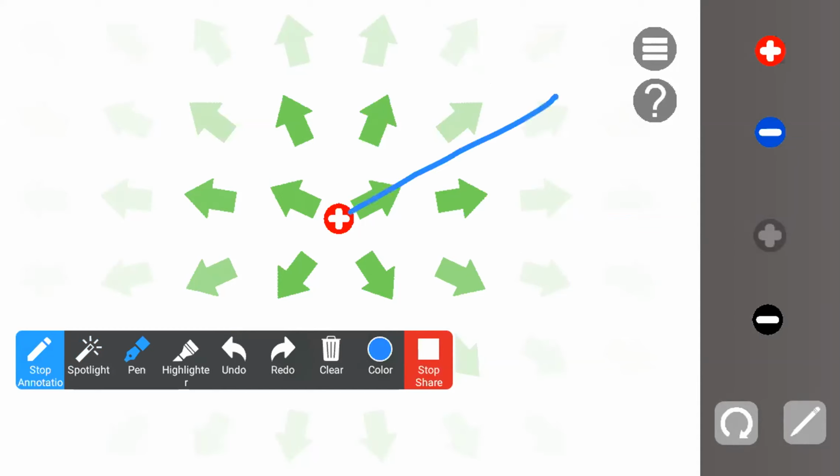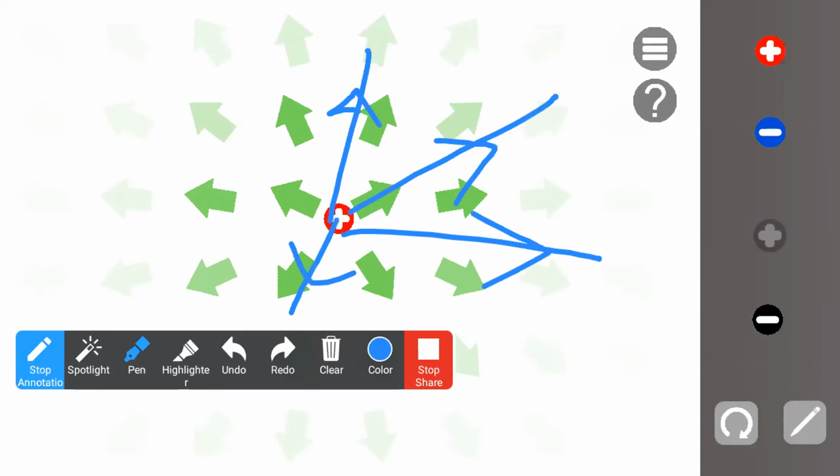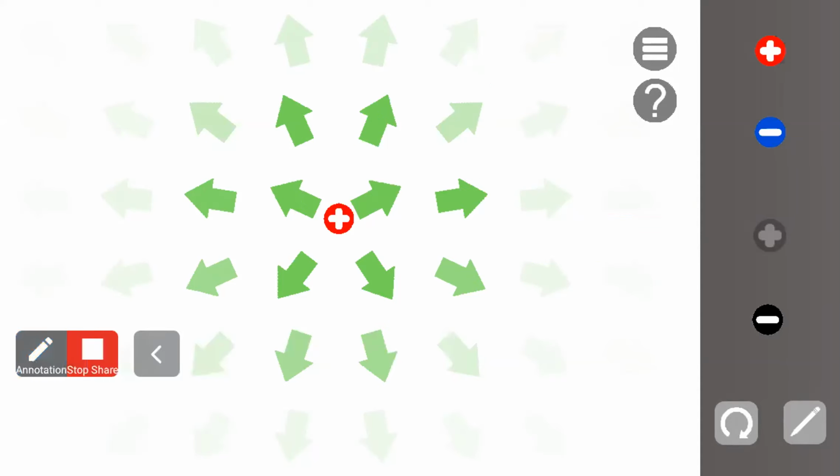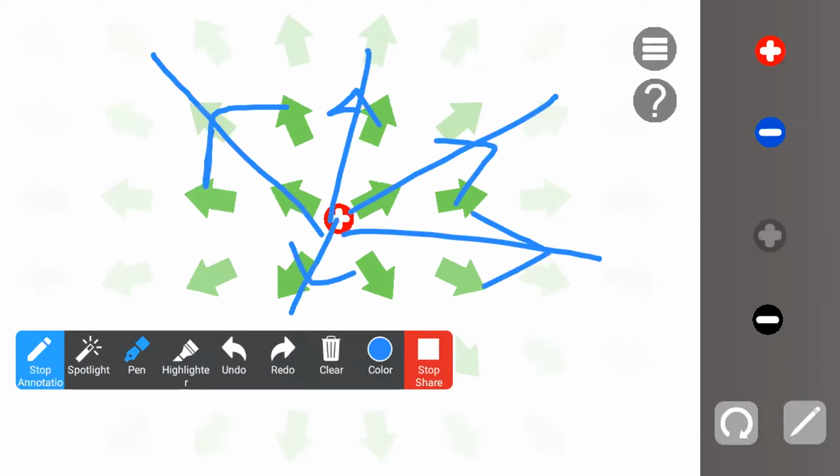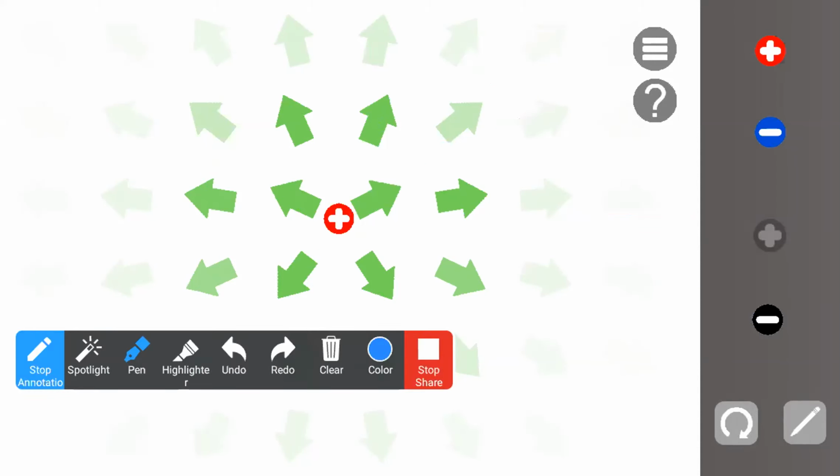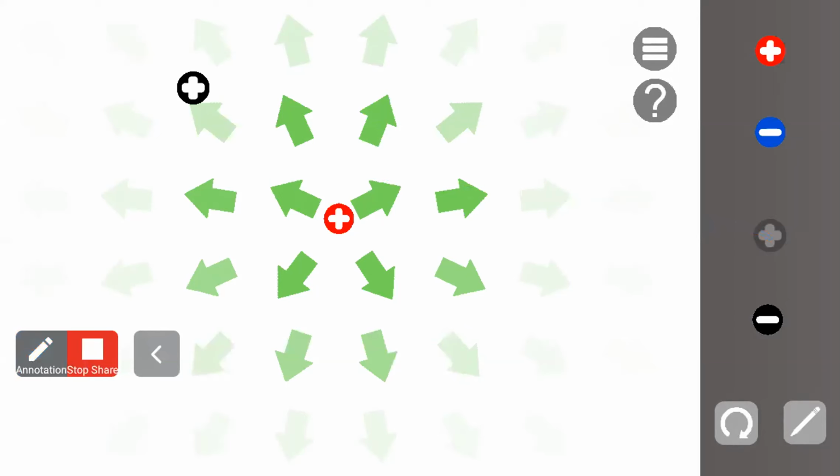See, the field lines are going radially outwards. Once I put my charge here, it goes in the direction of the electric field. Whenever you release a charge at some point, what is the direction of the electric field at that point?